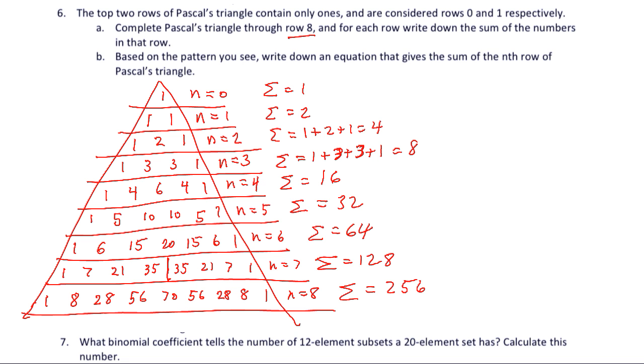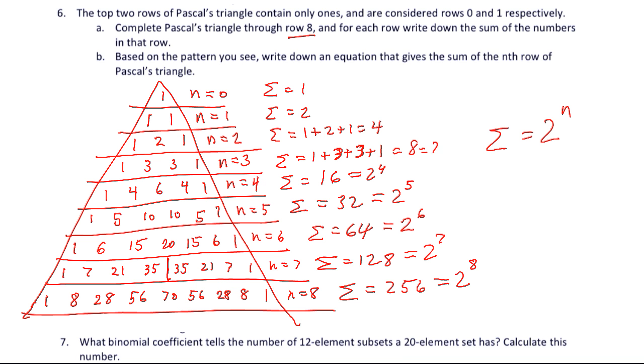In any case, the sum is 2 raised to the nth power. N is 5, 32 is 2 to the 5th, 64 is 2 to the 6th, 128 is 2 to the 7th, 256 is 2 to the 8th, 2 to the 4th, 2 to the 3rd, 2 squared, 2 to the 1, and 2 to the 0. Okay?